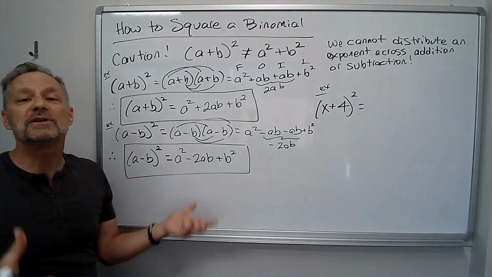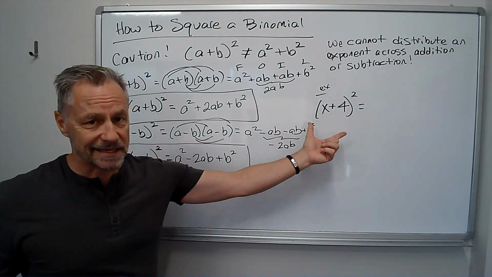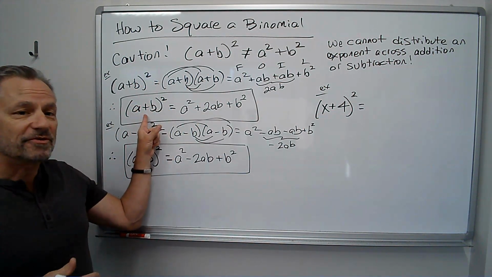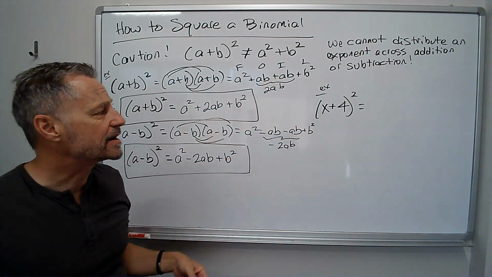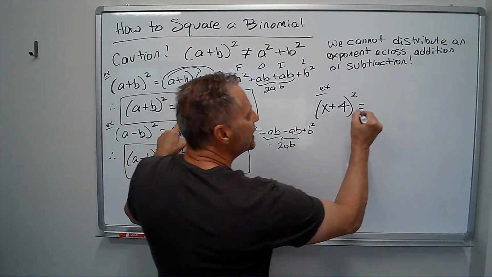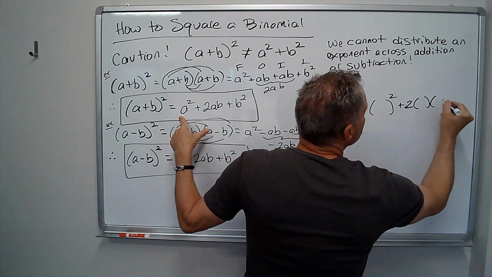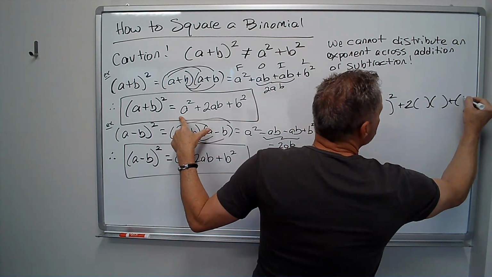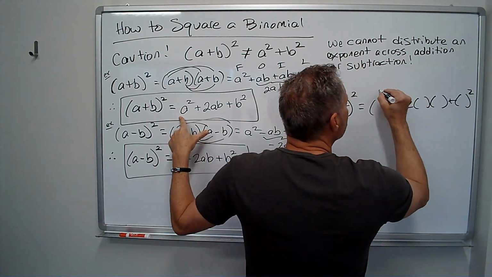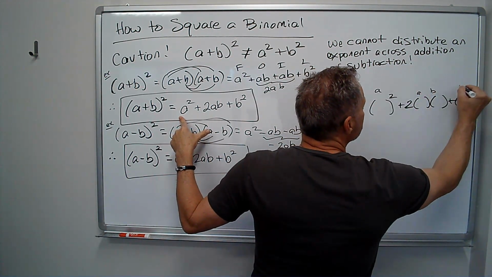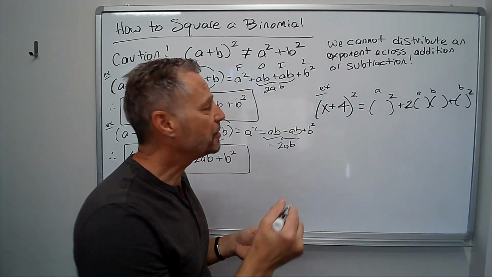Okay, so how can we use this? Well, here's an example that is in the form of the first one, a plus b squared. So using this formula, it's something squared plus 2 times something plus something squared. And this was a, and that was b, and I can just plug them all in.